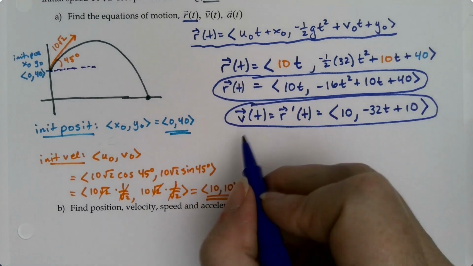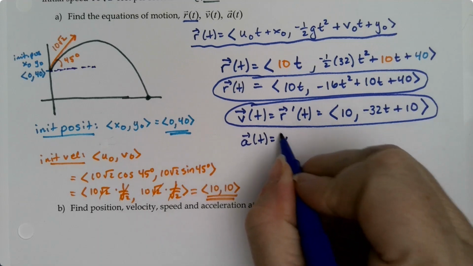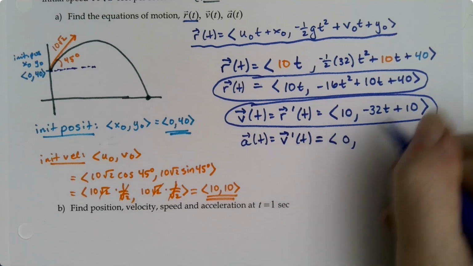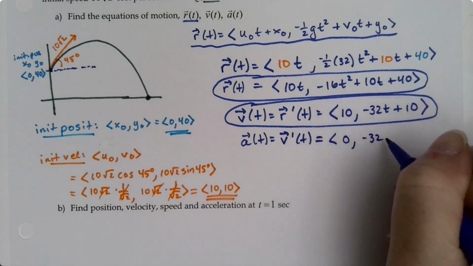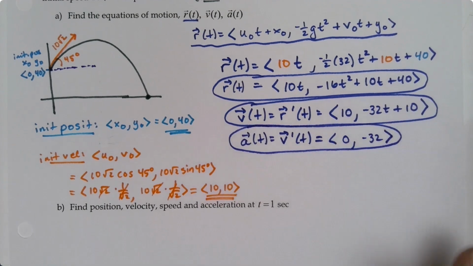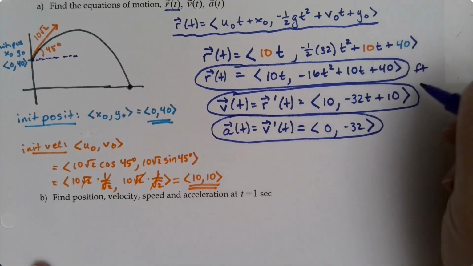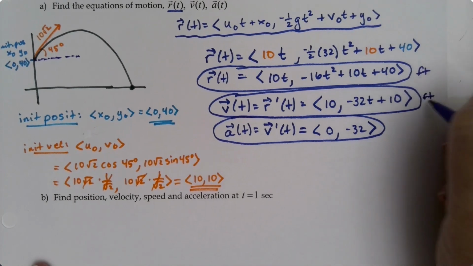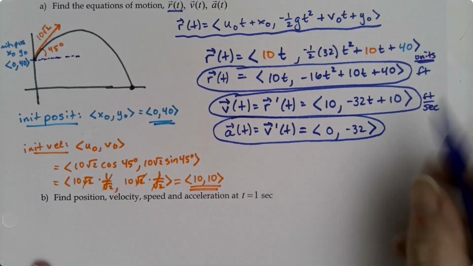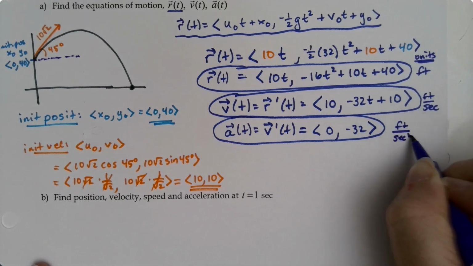And then acceleration is the derivative of velocity. The derivative of 10 is 0, and the derivative of this is negative 32 plus 0. And on a side note, let's double check we understand our units. Position would be in feet. Velocity would be in feet per second. So I'm just going to put units over here. And acceleration would be in feet per second squared.